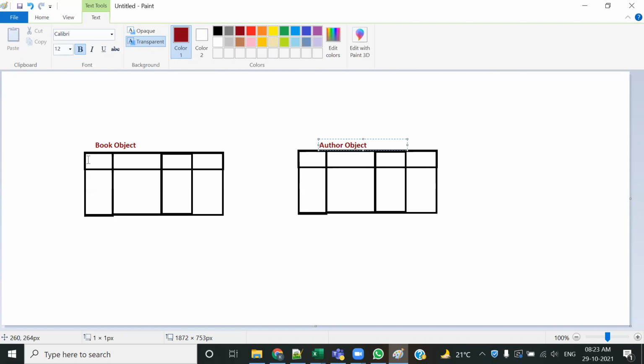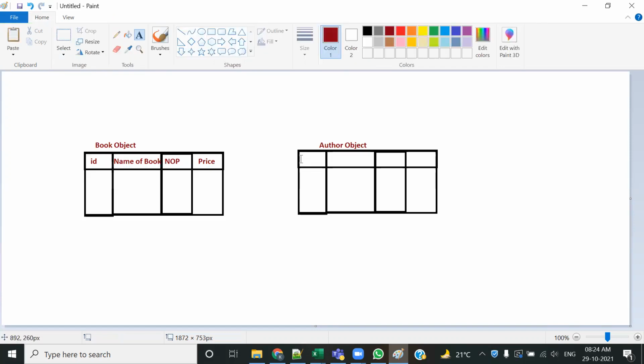Now your book object has a few fields like ID, name of the book, number of pages, and then price. So these are a few of the fields inside the book object.